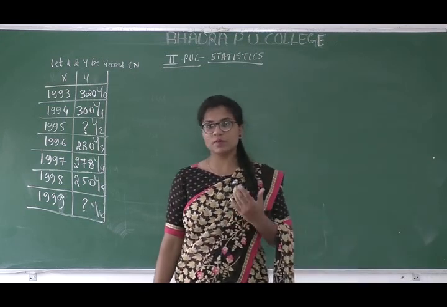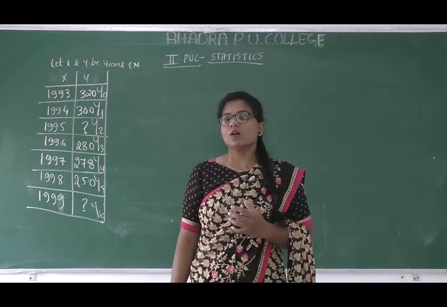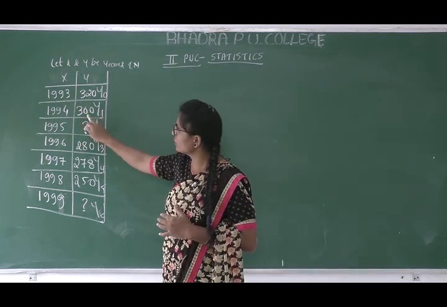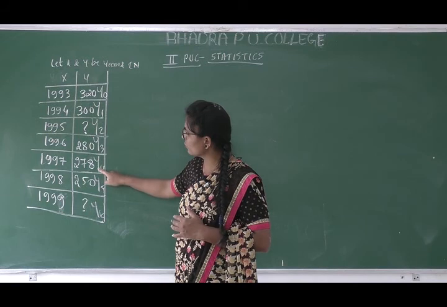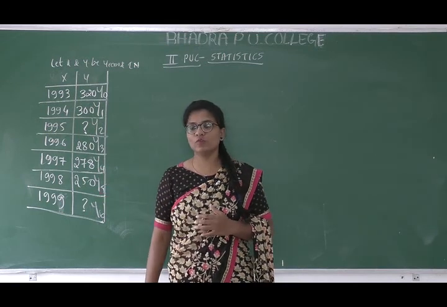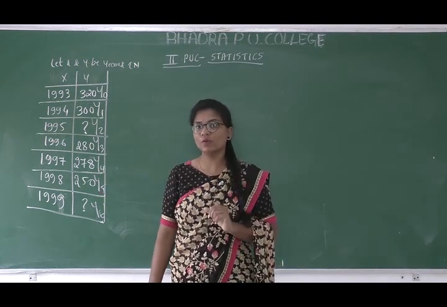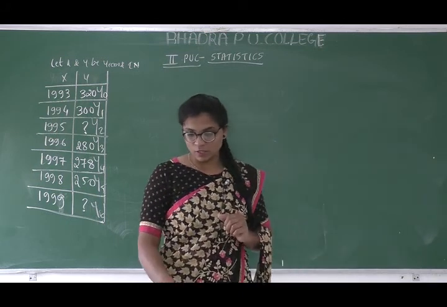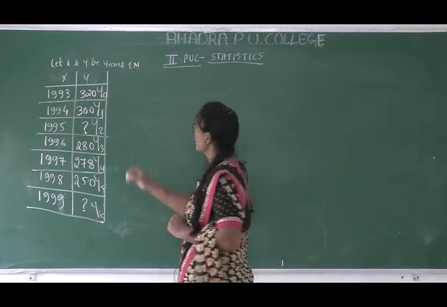Okay. So next step is known values. How many known values are there? 1, 2, 3, 4, 5. Five known values, right?